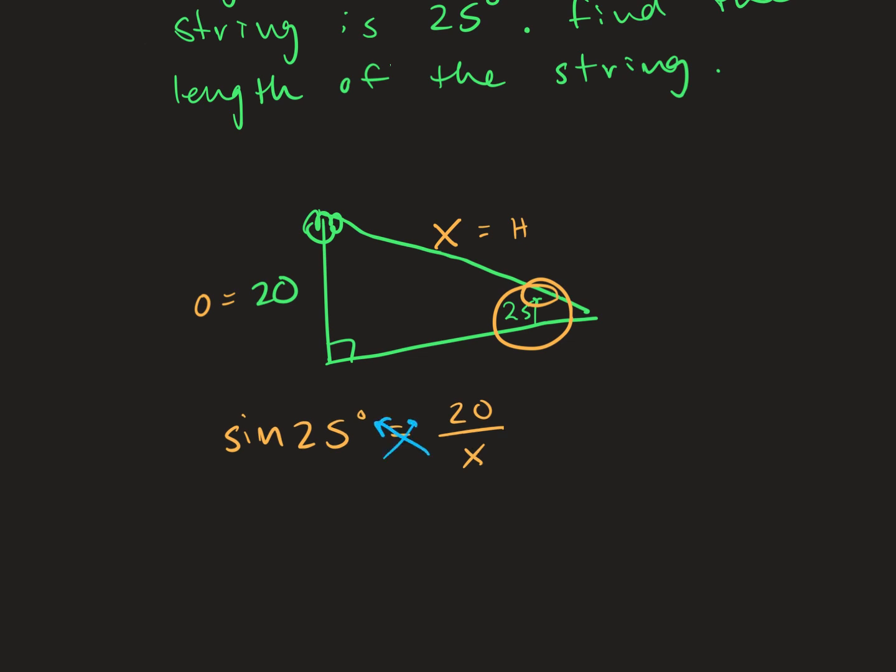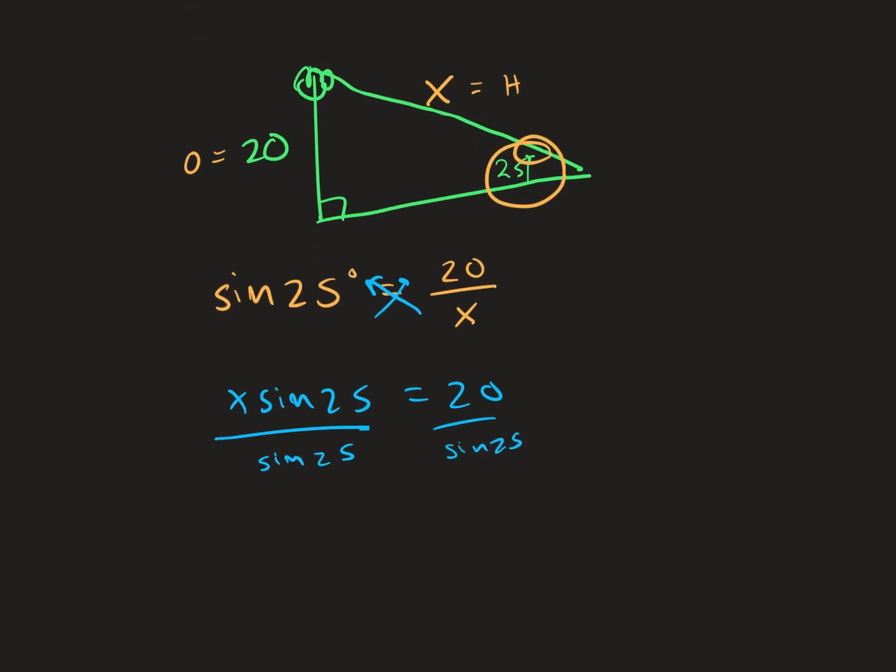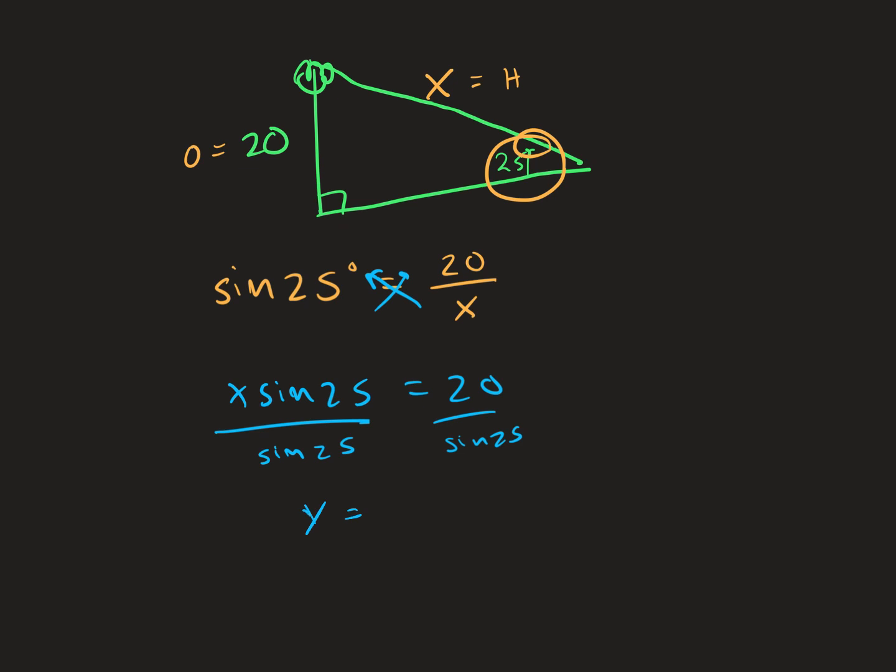I can multiply by x, so x times sine of 25 is equal to 20. Divide by the sine of 25. So x is equal to whatever 20 divided by the sine of 25 is.